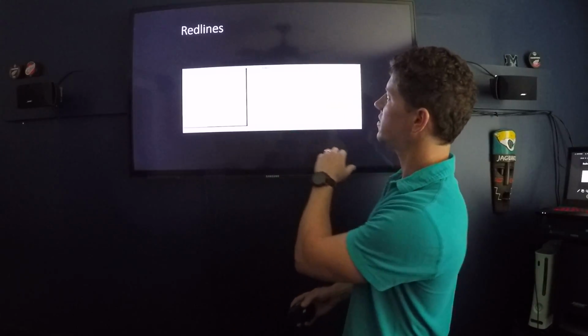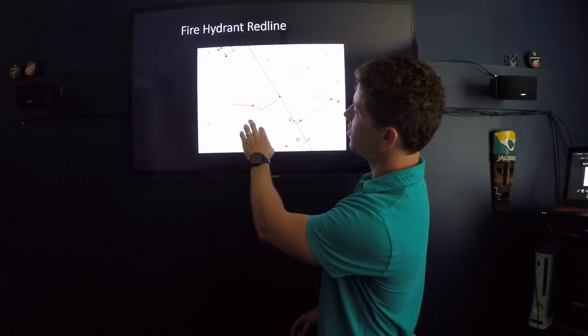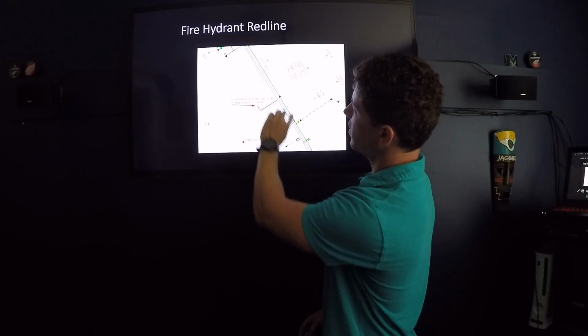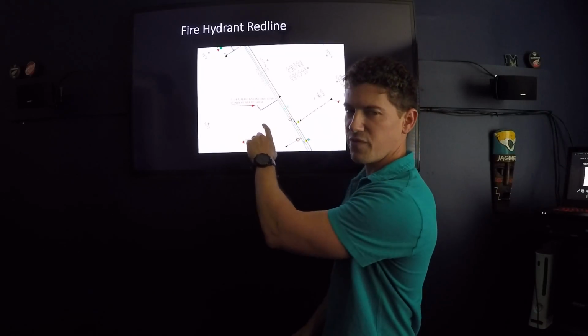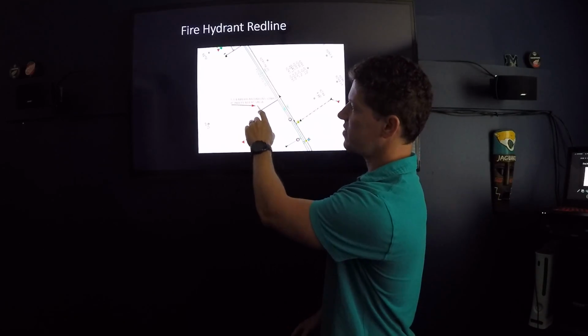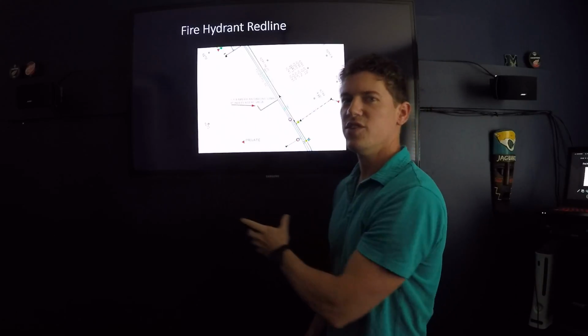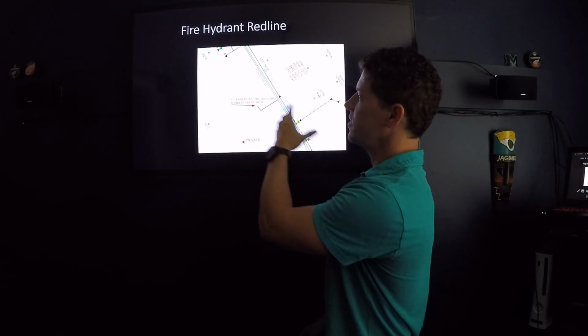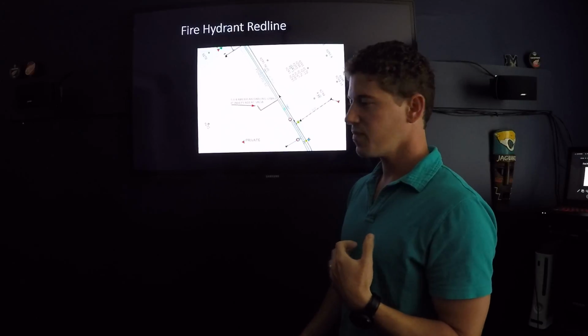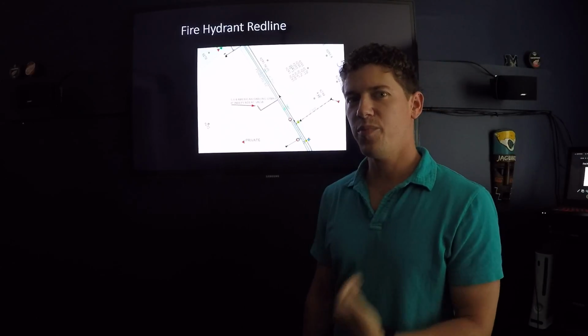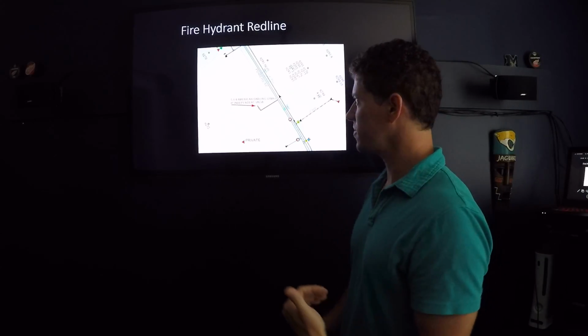In this case, he's showing that this is a water line, and he's showing that there's a fire hydrant that he saw in the field at this location that was not in the GIS system. So he sends me this screenshot, and then I'll show you what it looks like when I put the fire hydrant into GIS.